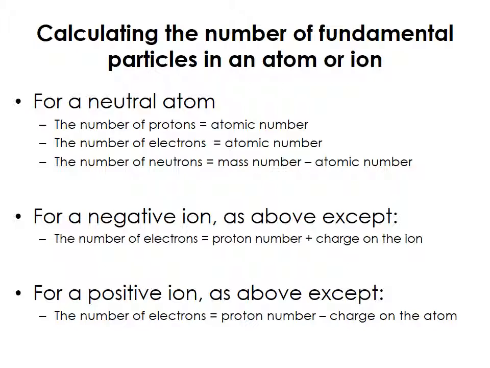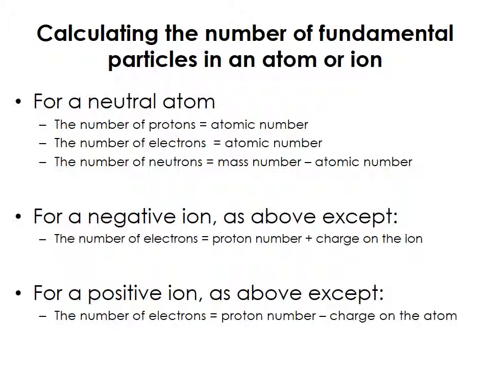If we have a negative ion, then it's as above for the neutral atom, except that because it's a negatively charged ion, you've got one or more additional electrons. Working out the number of protons and neutrons is exactly the same as the neutral atom. The number of electrons is equal to the proton number added to the charge on the ion, because for each -1 charge on the ion, you've added 1 extra electron.